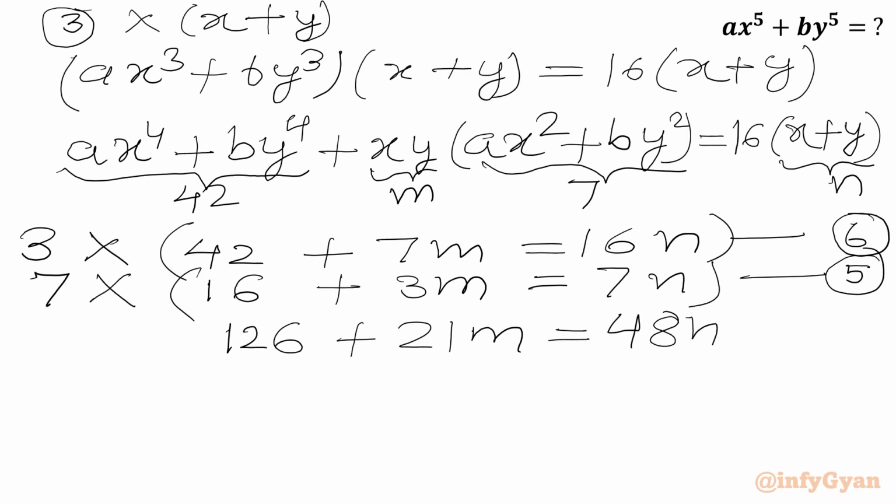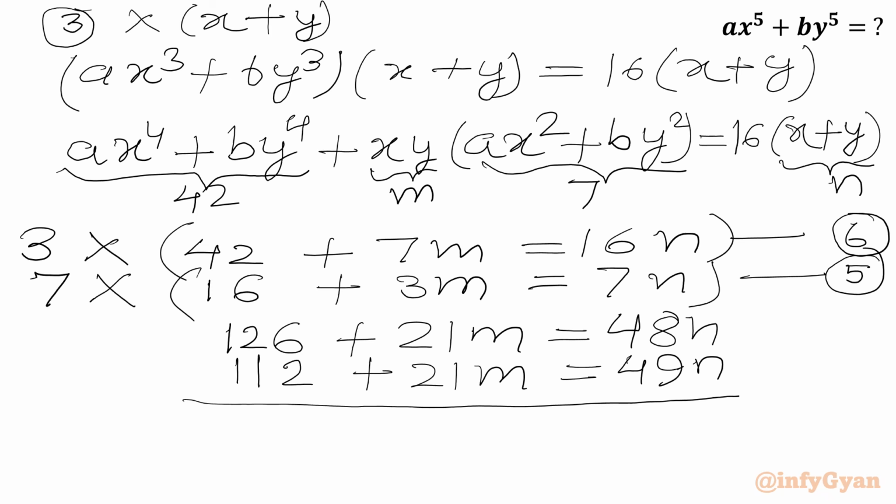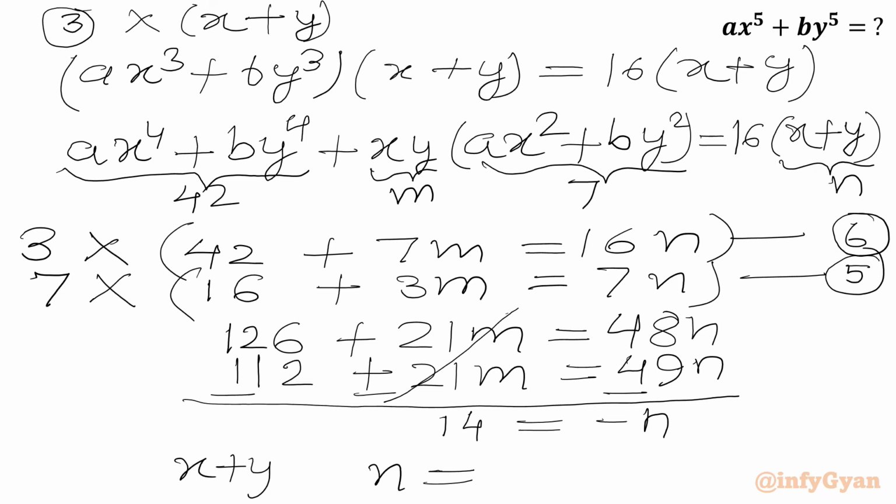And here 7 times 16, 112 plus 21m equal to 7 times 7, 49n. Now we will subtract the second equation from the first one. 21m will cancel. 126 minus 112 is 14. And in the RHS we will get minus n. So the value of n, which was x plus y, is equal to negative 14.